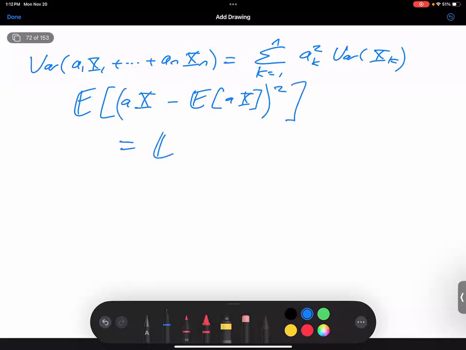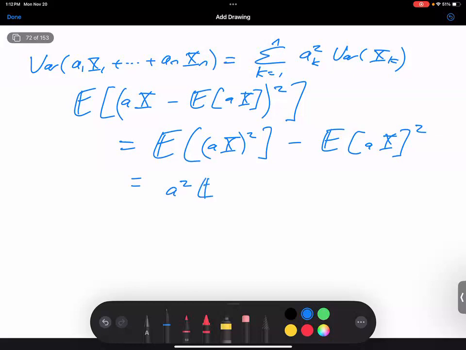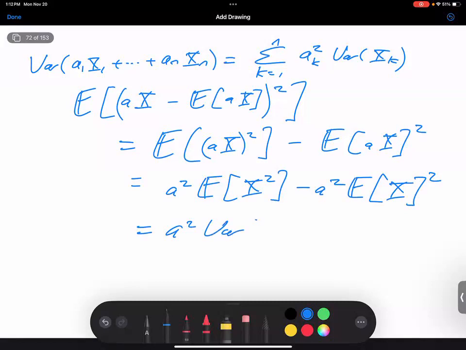And that was, we said, the same as the expected value of ax squared minus the expected value of ax, squared. And so now that's going to come out as a squared times the expected value of x squared minus a squared times the expected value of x, squared. So that's going to just be a squared times the variance of x.